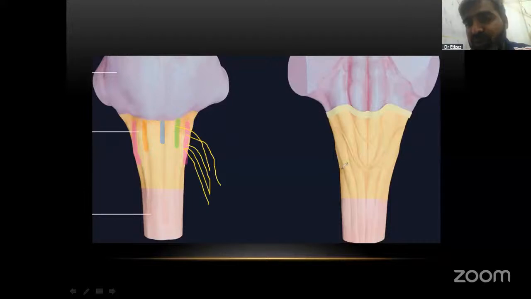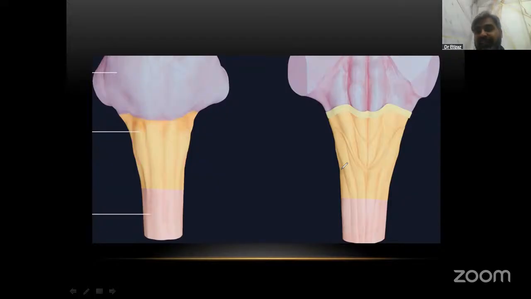When we go through the posterior, or dorsal, surface, it is a little bit tricky. It has 2 portions. Yesterday we discussed that it has 2 portions. That is the demarcation line. This is the superior portion of the posterior surface of the medulla oblongata, and this is the inferior portion.